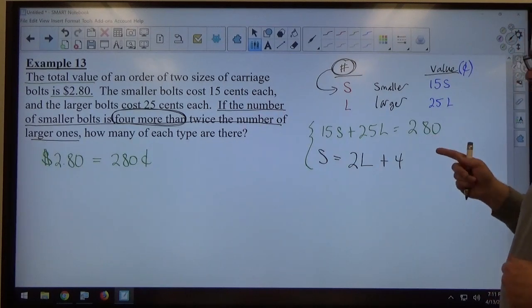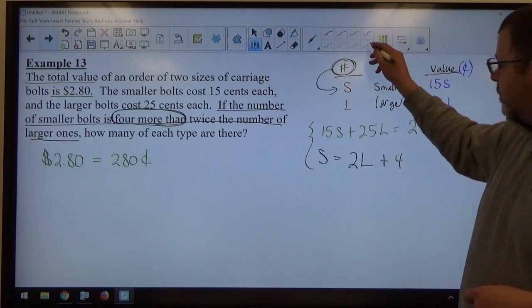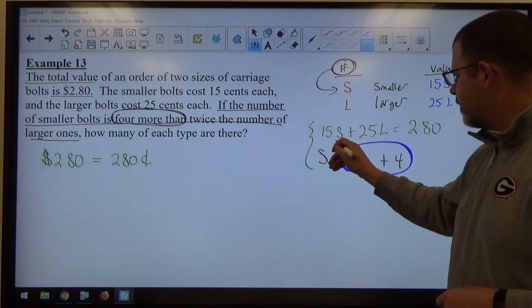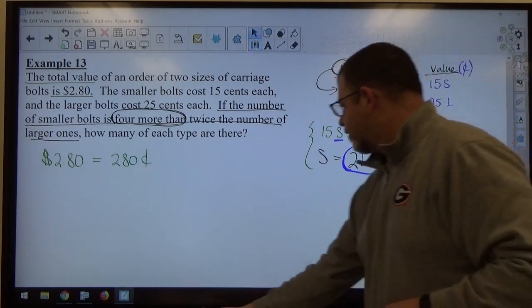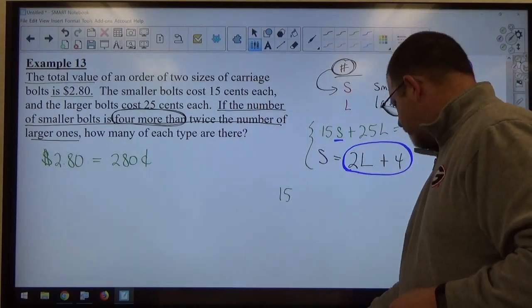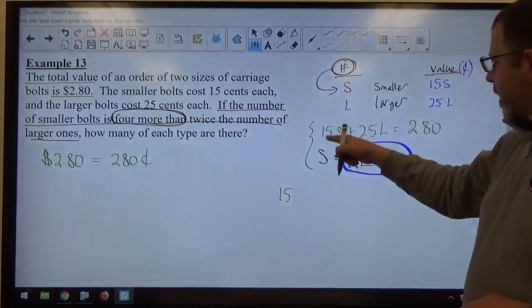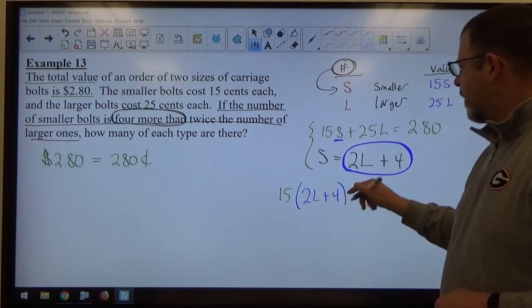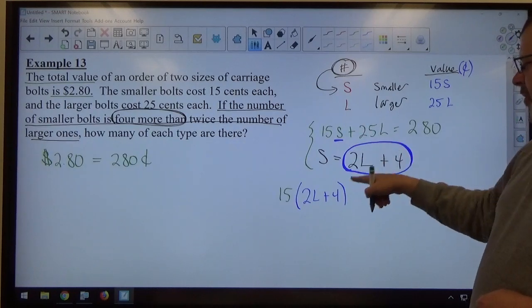For me, substitution looks more efficient here. S equals 2L plus 4, so this expression can go in place of that S. So it's going to look like this: 15, and instead of writing times S, I'm going to write times 2L plus 4. Notice I replaced one object with more than one object, so I use parentheses.